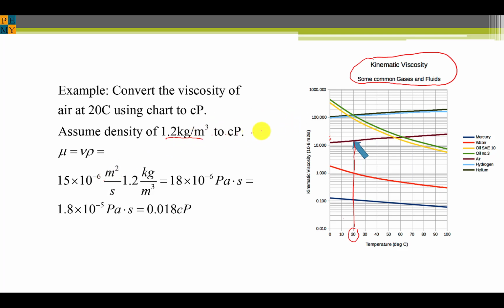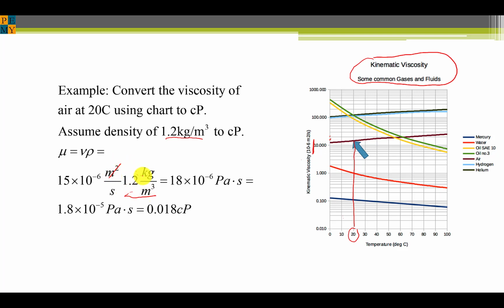Now in this scale they actually give the units directly as 10 to the minus 6. So we have 15 times 10 to the minus 6 meters squared per second, but we have to multiply now because mu is equal to nu times the density. Multiplying that out, we get meter squared kilogram per second per cubic meter.